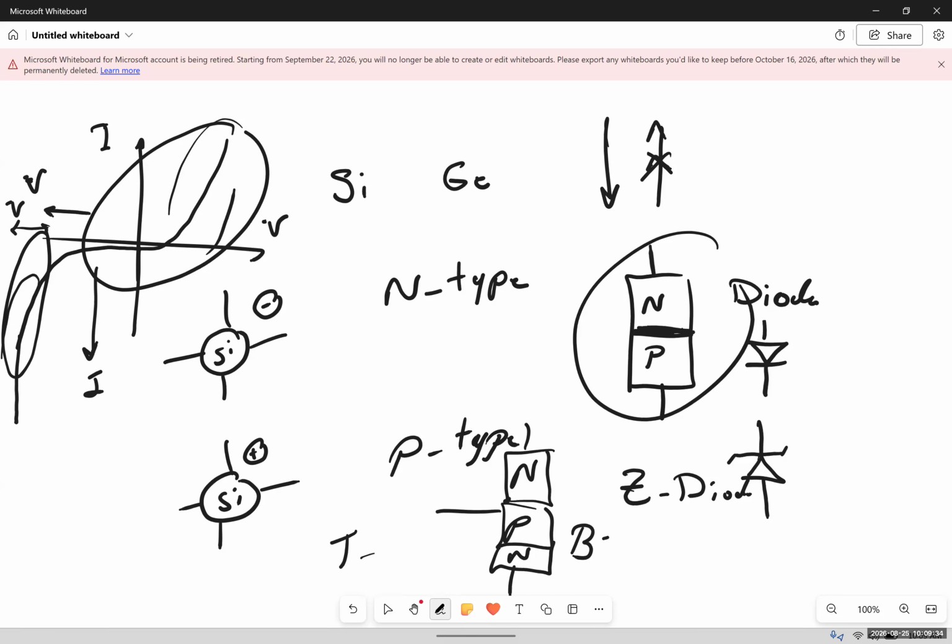And this is a BJT transistor, or bipolar junction transistor, sometimes they call it as well. We have different types like N-type or NPN transistors, which we'll explain, and also PNP transistors.